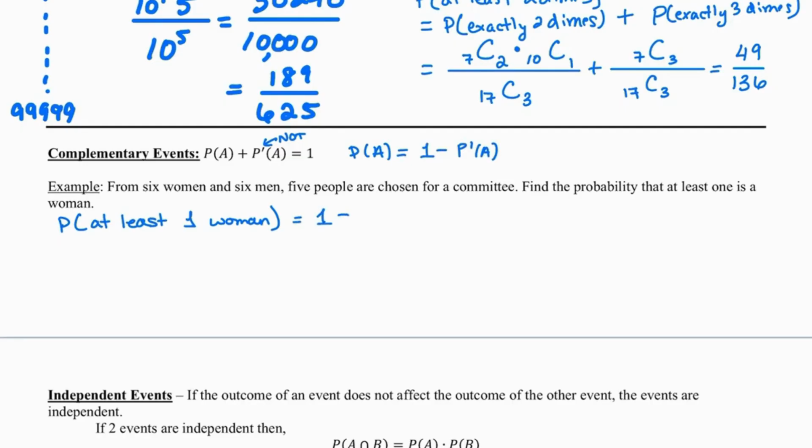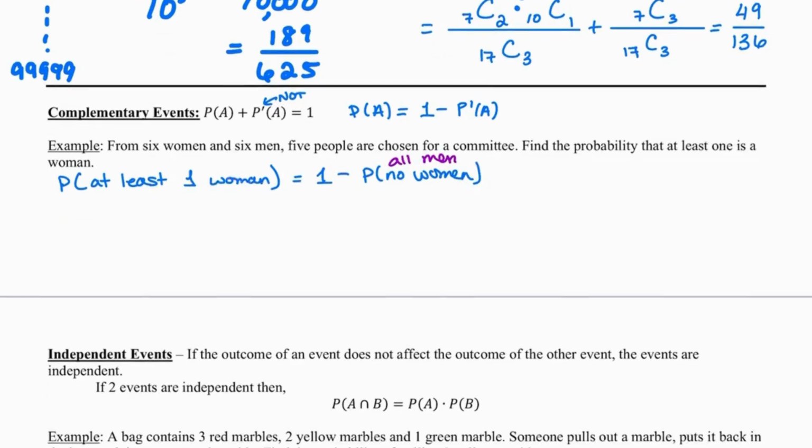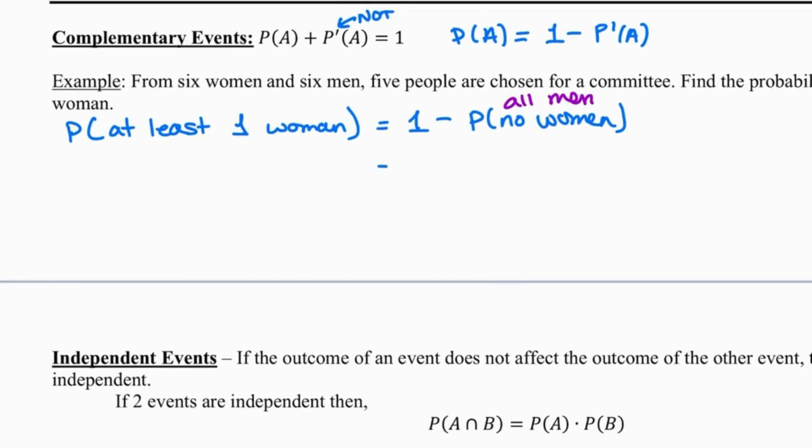So what's the situation where you're not having at least 1 woman? Well, that would be the probability that you have no women in a committee. Or you can think about this as the probability of having a committee of all men. So let's figure out the probability of having a committee of all men, because it's just easier to think about than a committee of no women.